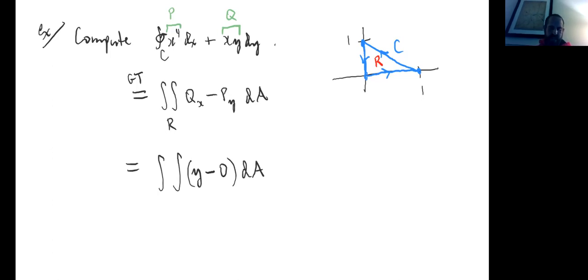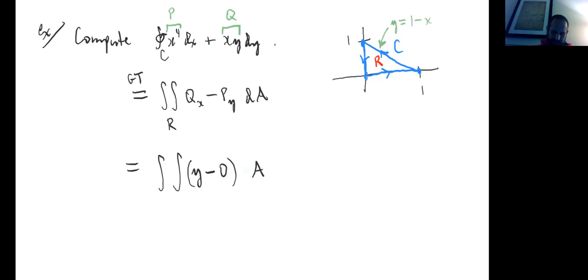Okay, and let's see here. How are we going to move around on this thing? Well, first of all, this line right here is the line y equal to what? Well, 1 minus x. Yeah, that's y equal to 1 minus x. And how do I describe this region?